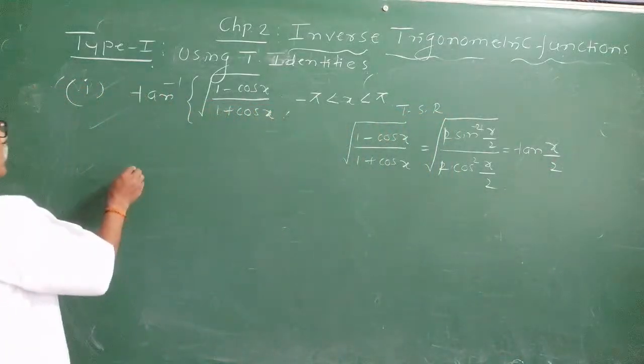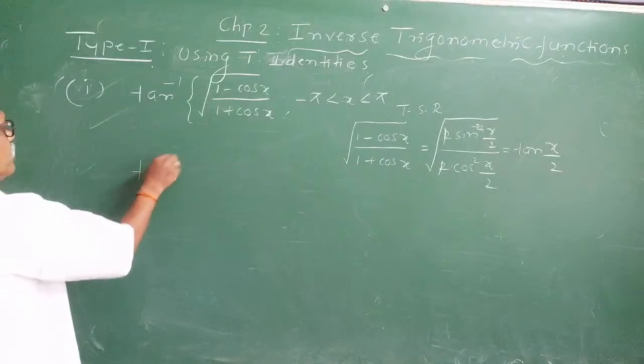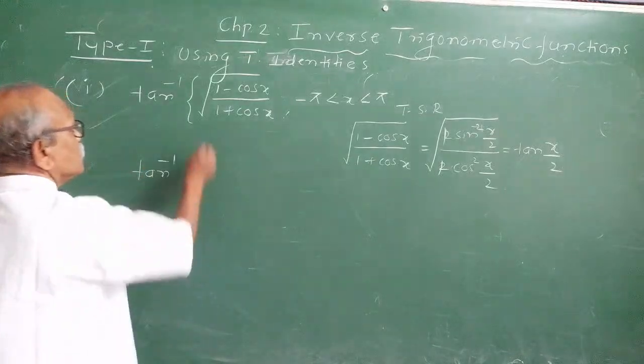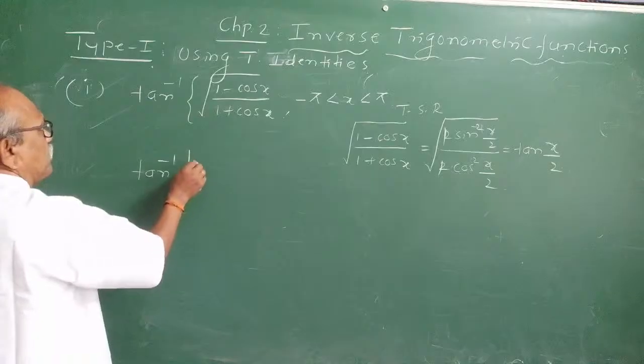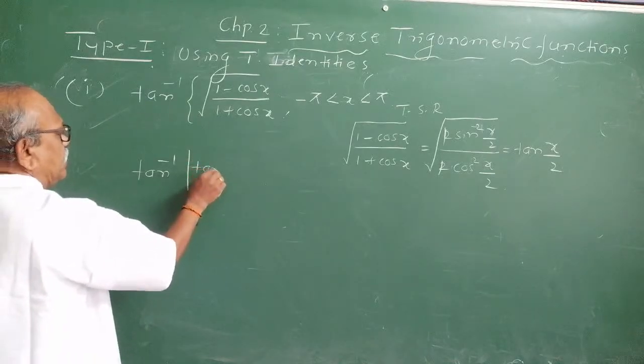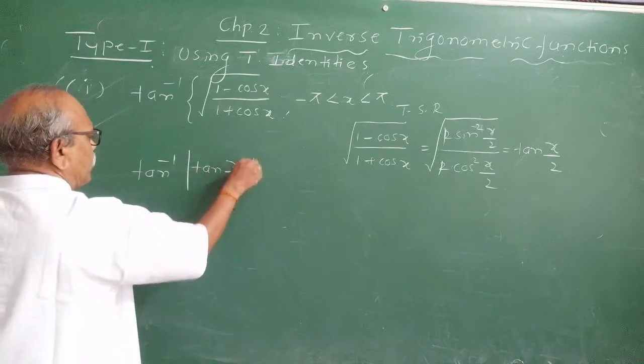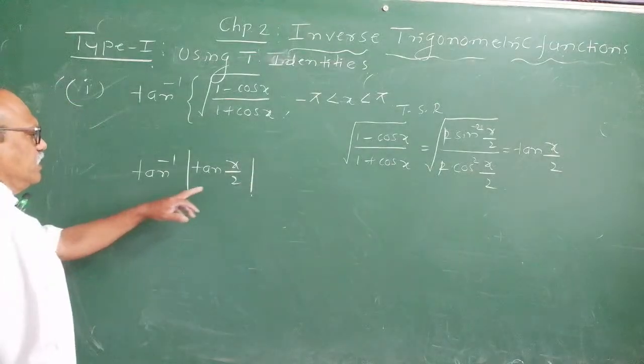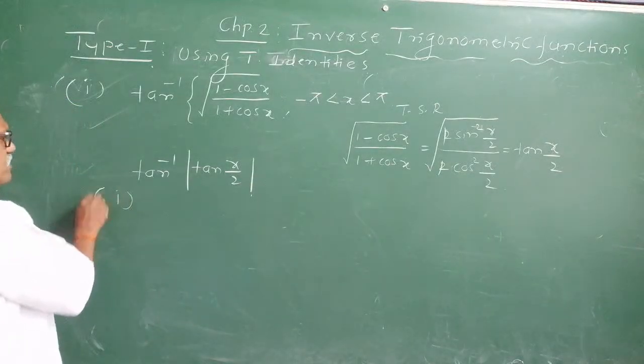Observe here. You will get the answer tan inverse. Square root will be modulus, either plus or minus: tan inverse of modulus of tan x by 2, and it can have two answers.